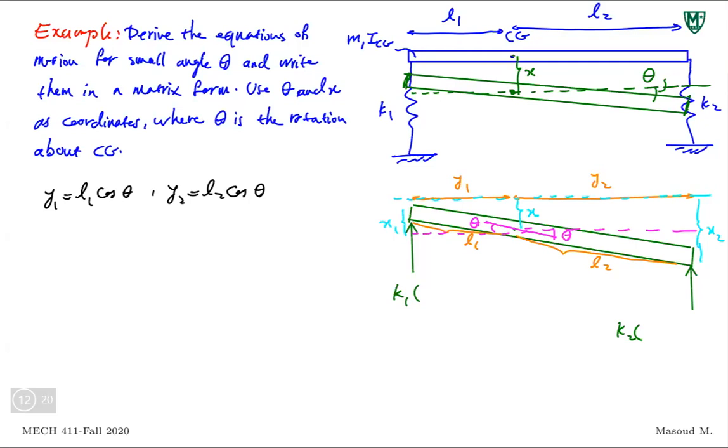Now, looking at how much K1 is compressed, X1 would be X, the center, minus the amount this side went up, which would be L1 sine theta. I'm looking for a small angle, so I'm going to just put theta.